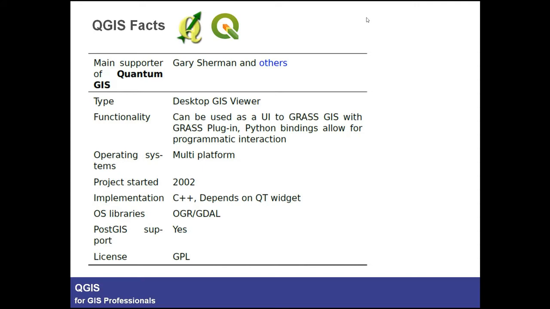This enables you to create graphical user interfaces, windows, in a similar way if you know .NET or Visual Basic, that you can create your own user interface. And the advantage of this is that Qt has bindings to Python. And then inside the core of QGIS, Gary Sherman and the growing team of others who were joining him over the years have added Python bindings to the core so that you can use the Python language or Python scripting to interact with most, like 80 to 90%, of the available functionality.